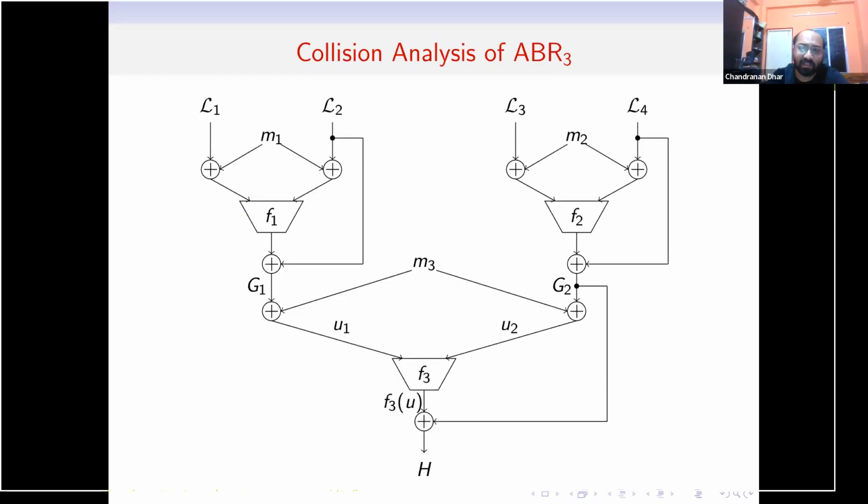And since I seem to have some time, let me quickly go through why this collision analysis of ABR3 cannot be extended to the collision analysis of a general ABR tree of height L. First and foremost, there is a simplification that is available for the collision analysis of ABR of any arbitrary height L. The adversary can first make all the queries to the leaf nodes, and then move to the lower levels.